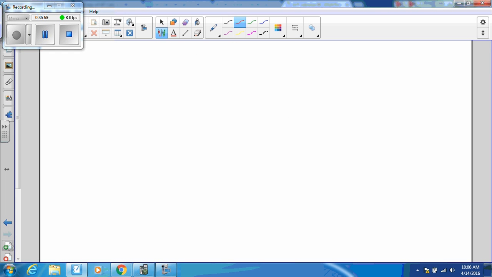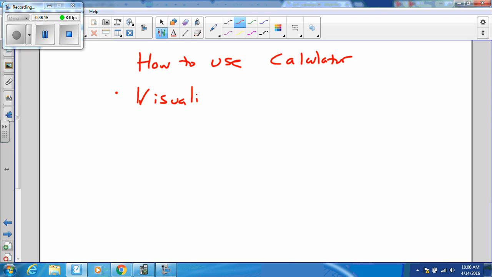What can I do with my calculator? Well, you guys are experts at this point. I just want to give you a couple of advanced pro tips here. You can use your calculator for four main things: to visualize, and along with that, to find points on a curve using the trace.